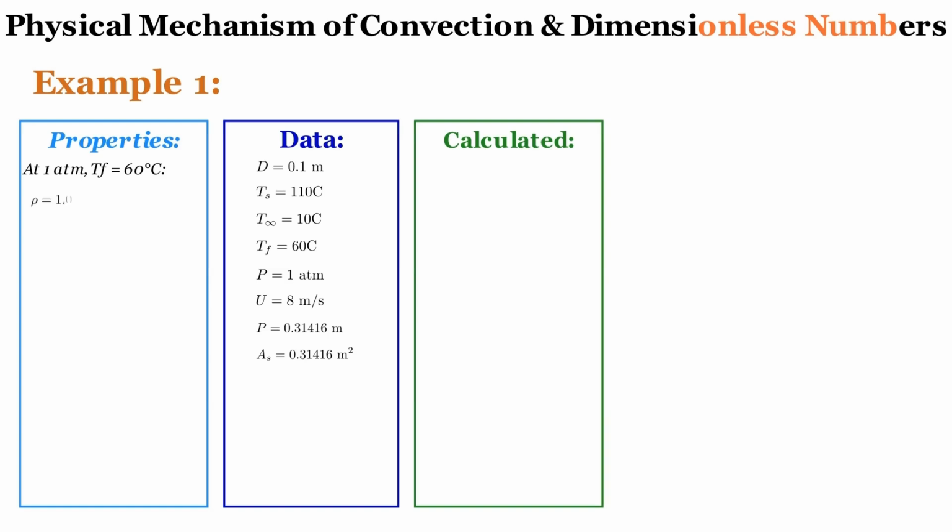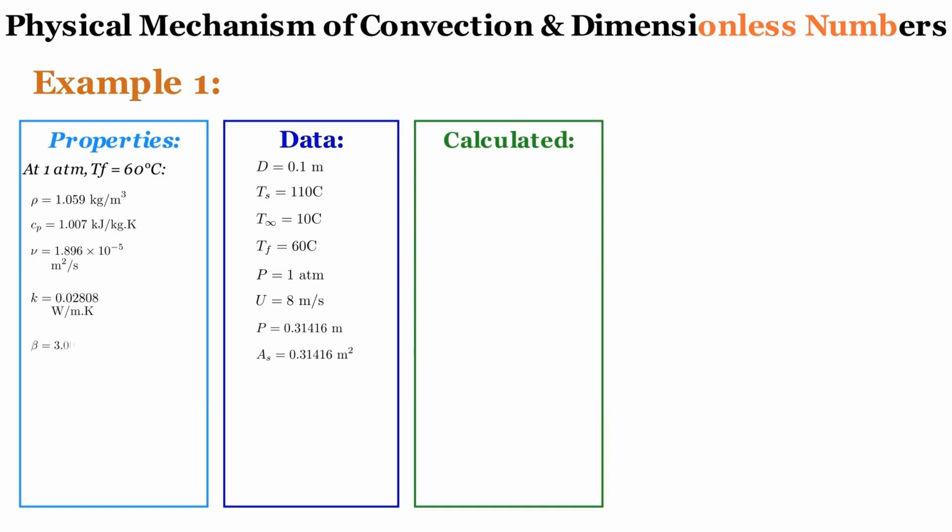The density, rho, is 1.059 kilograms per cubic meter. The specific heat, Cp, is 1.007 kilojoules per kilogram Kelvin. The kinematic viscosity, nu, is 1.896 times 10 to the minus 5 square meters per second.